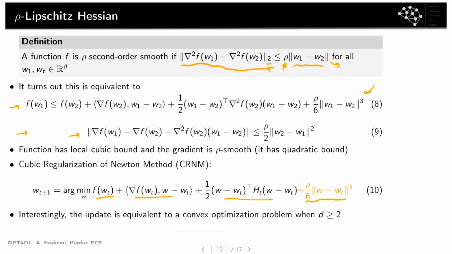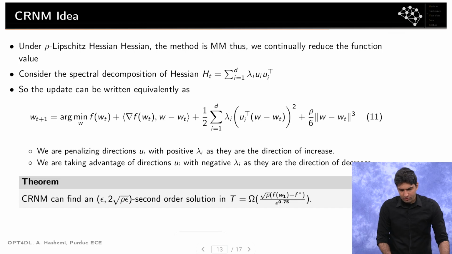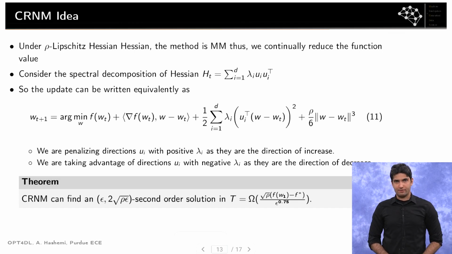And interestingly, although this update looks very complicated, it can be shown to be equivalent to a convex optimization problem when we have a problem in multiple dimensions, notably when the dimension is at least 2. All right, so this is basically the first method that I mentioned.